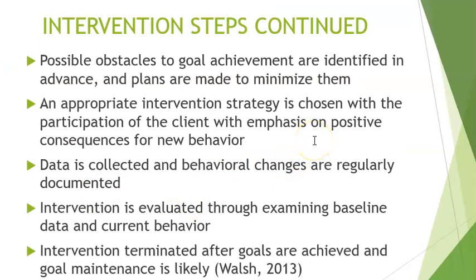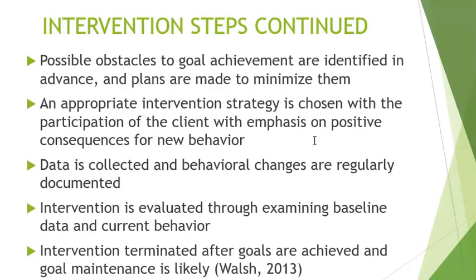Steps continued in intervention. Possible obstacles to goal achievement are identified in advance and plans are made to minimize them. An appropriate intervention strategy is chosen with the participation of the client, with emphasis on positive consequences for new behavior.